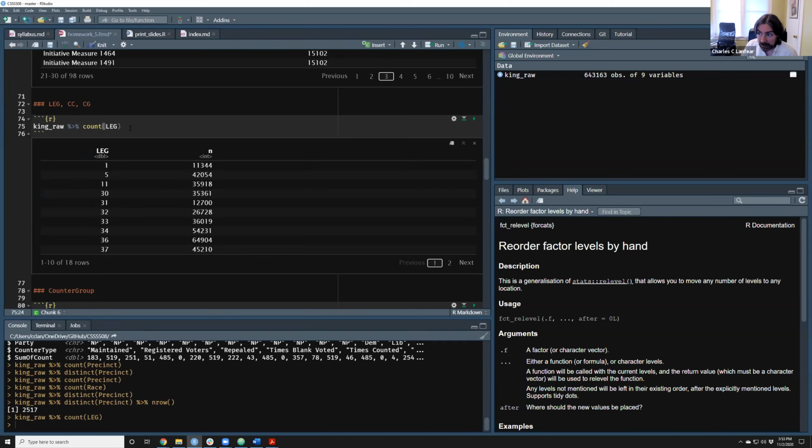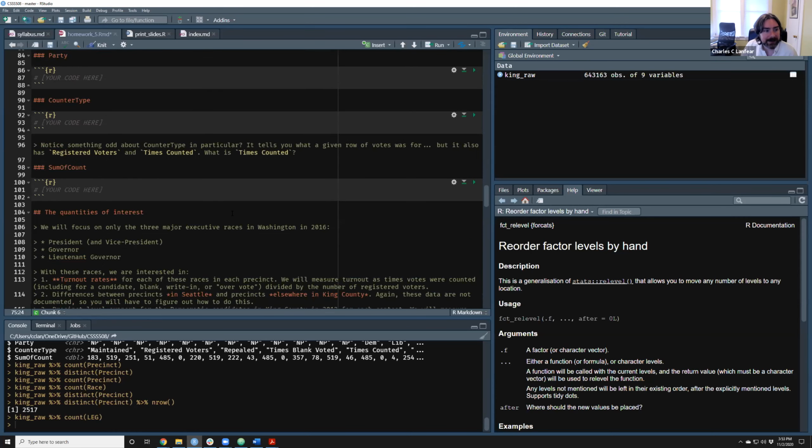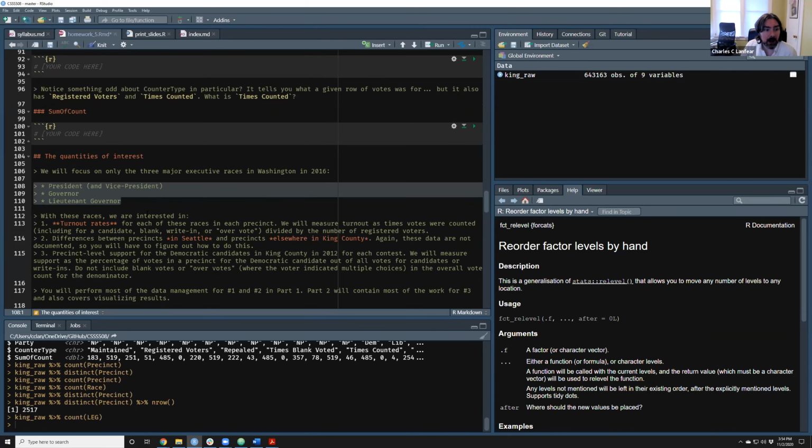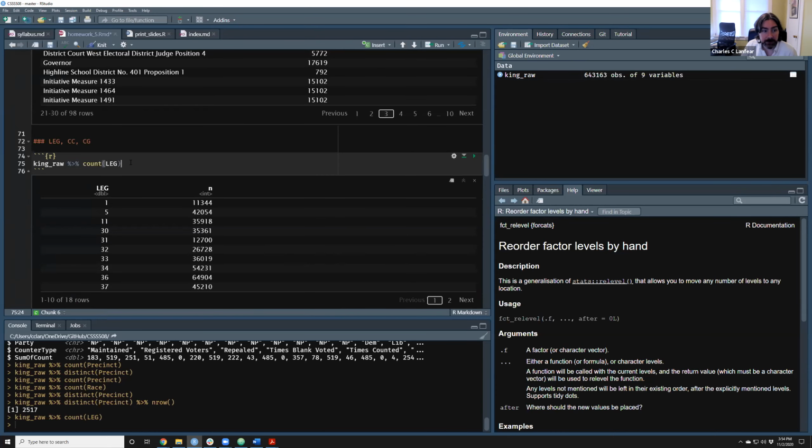In our particular case, we're going to work our way down to figuring out turnout rates and democratic votes for president, governor, and lieutenant governor. So in this case, we're interested in precinct level stuff. So this isn't too useful to us, and it's kind of hard to even know what it is.